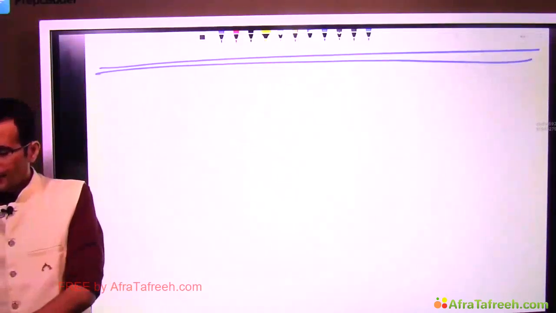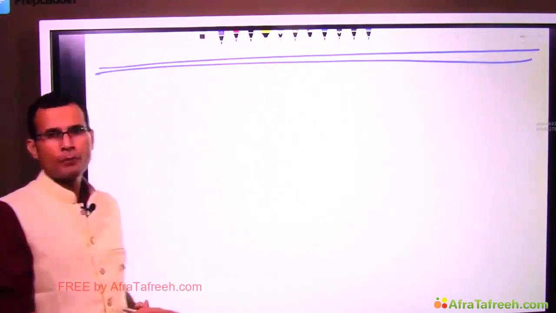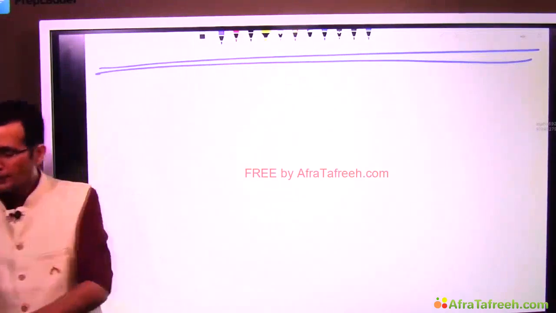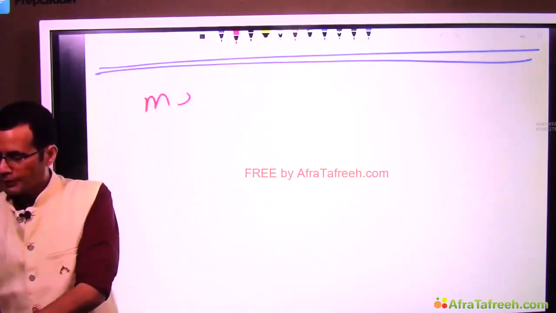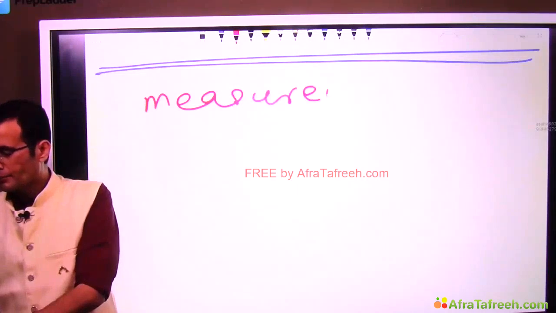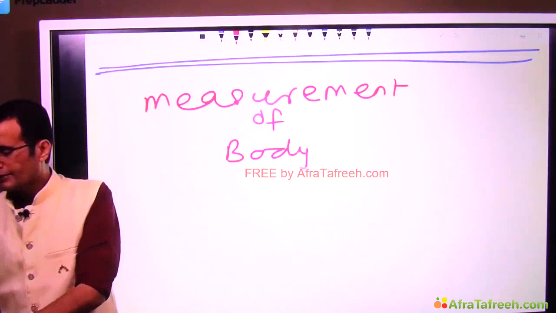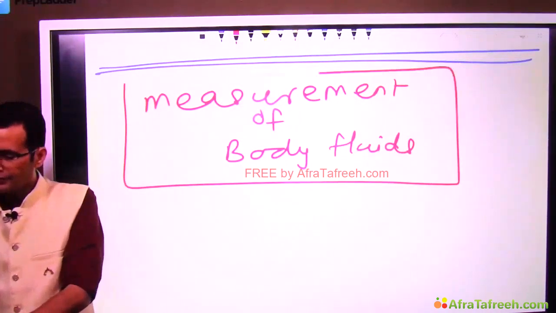Okay, so these are the volumes of various body fluids. The second part is measurement of the body fluid compartments. How do we measure them? And even this has been asked repeatedly in various entrance exams.